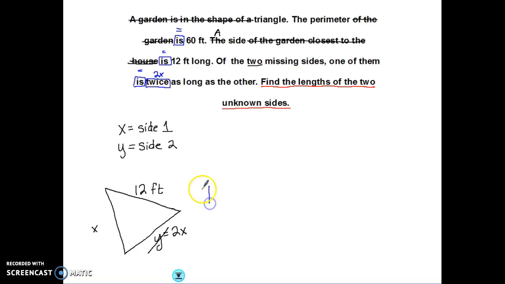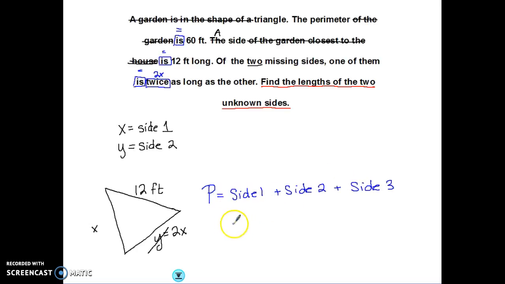Perimeter of a triangle is simply adding all 3 sides, so side number 1 plus side number 2 plus side number 3, and that will give you your perimeter.